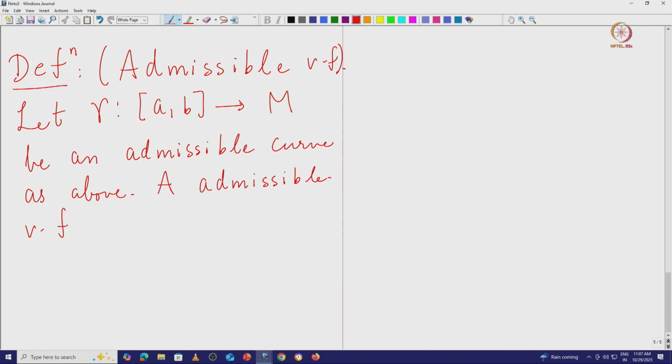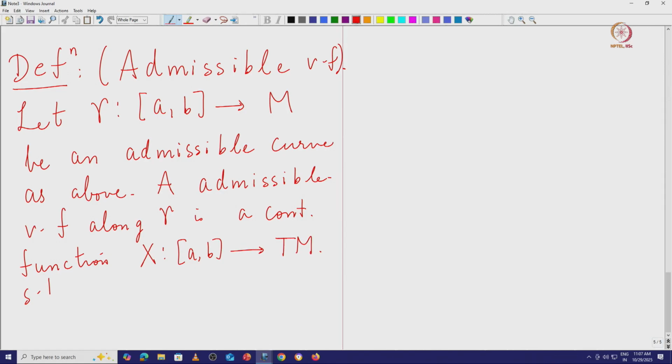An admissible vector field along gamma is a continuous function x from the interval a to b, the interval on which gamma is defined, to the tangent bundle, such that the following two conditions hold.